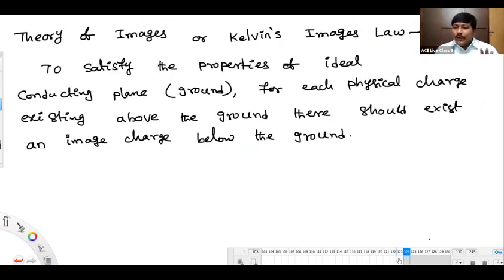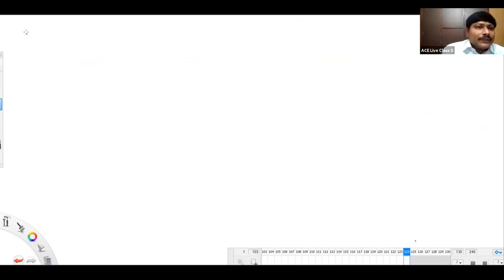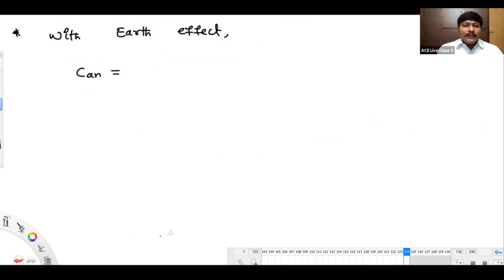Just the formula I'm going to give. I'm not going for any derivation of capacitance from A to neutral, including earth effect. Just follow the formula. Listen to my words, please. All of you stop writing.